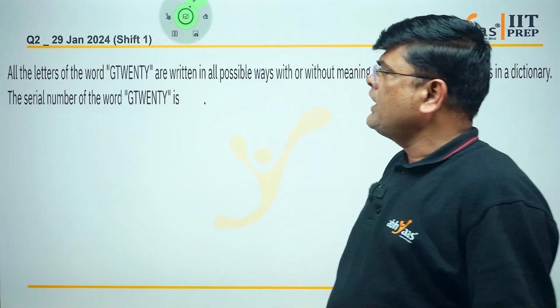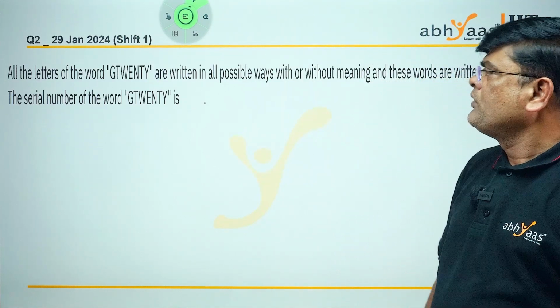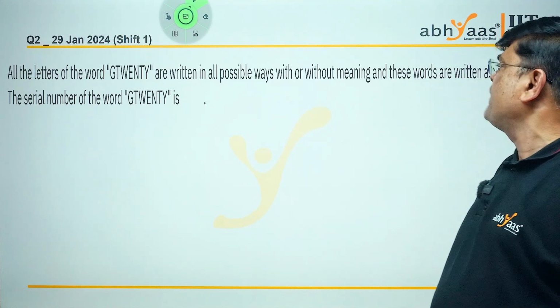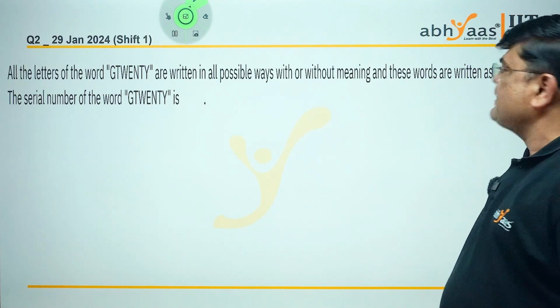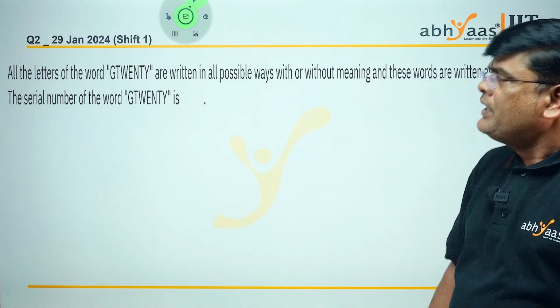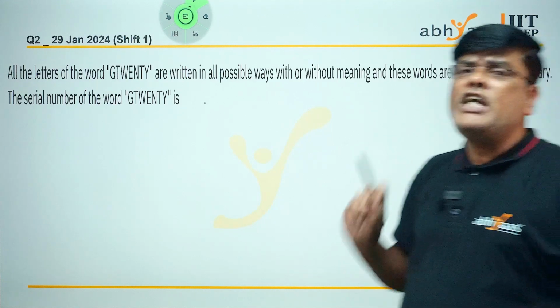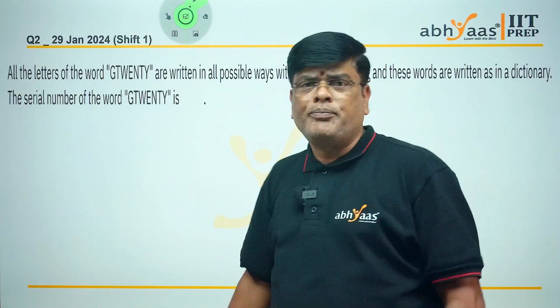Here the question is: all the letters of the word G20 are written in all possible ways with or without meaning, and these words are written as in a dictionary. Now the serial number of the word G20 is, here the word is G20.